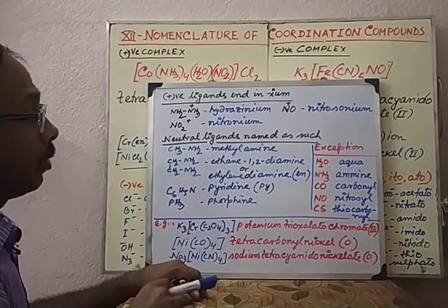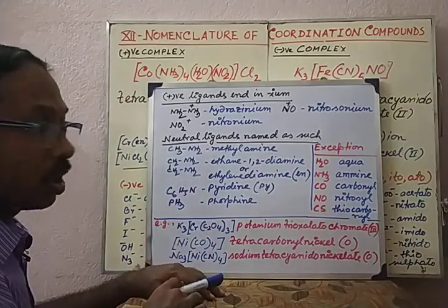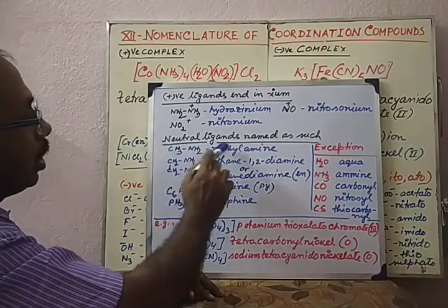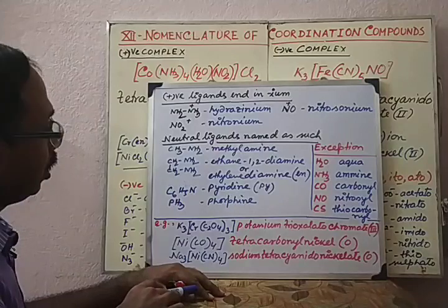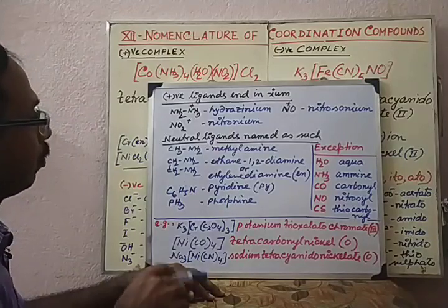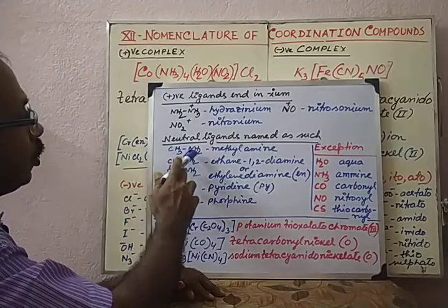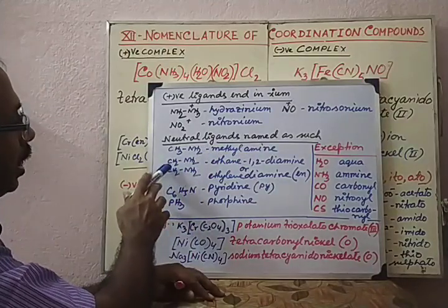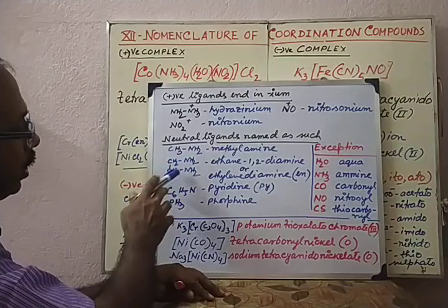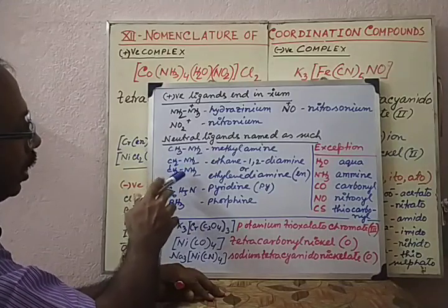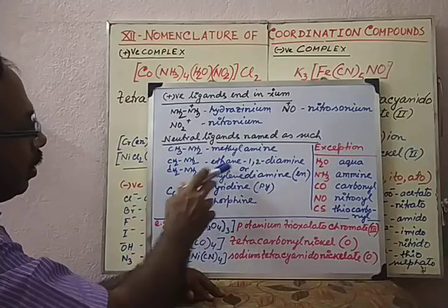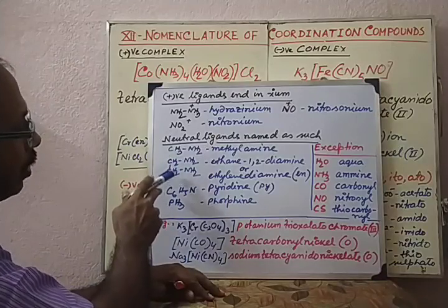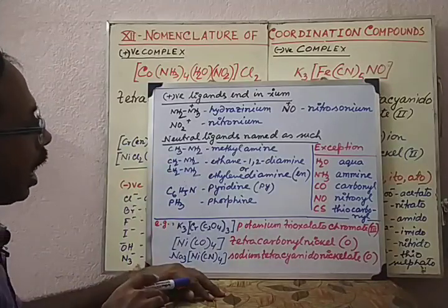And there are some neutral ligands used in complex compounds, which are named as such. As their name, it is written in the complex, like CH3NH2, it is named as methylamine. Now this is CH2CH2NH2NH2. So it is ethane; if it was ethane CH3CH3, the hydrogens are replaced with two amine groups.